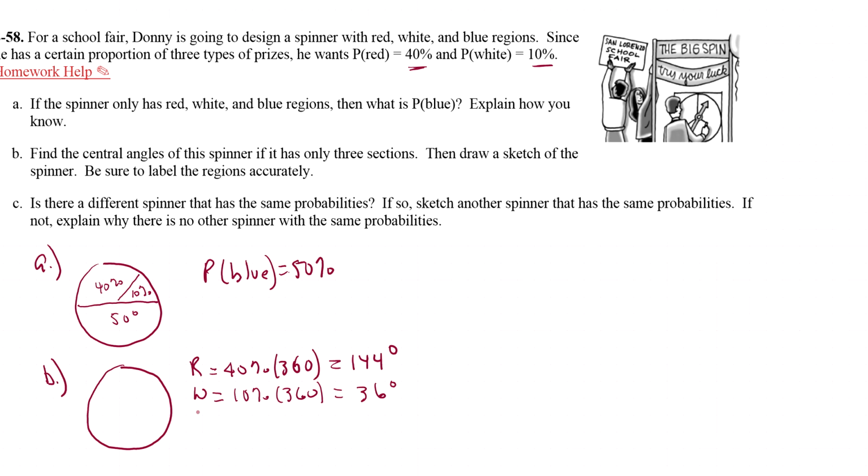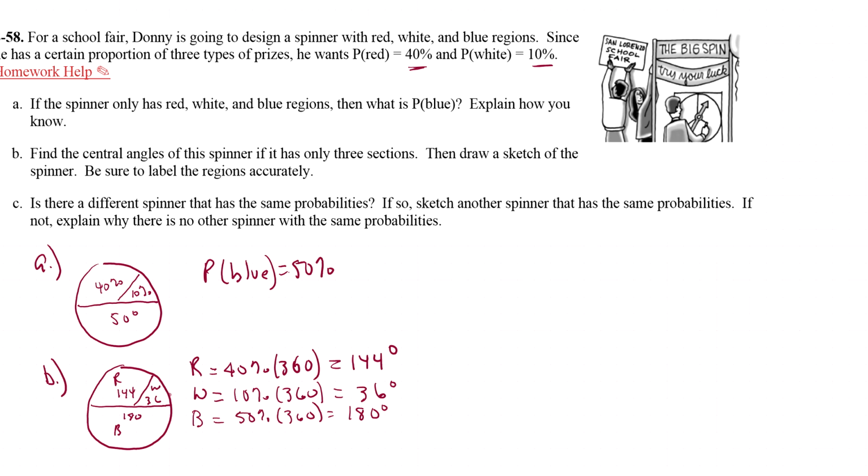And then for blue, what's going to be left is 50%, and 50% of 360 is 180 degrees. And so this would look something like this: 180, 144. So this is blue, red, and then this is white, and this angle here would be 36.